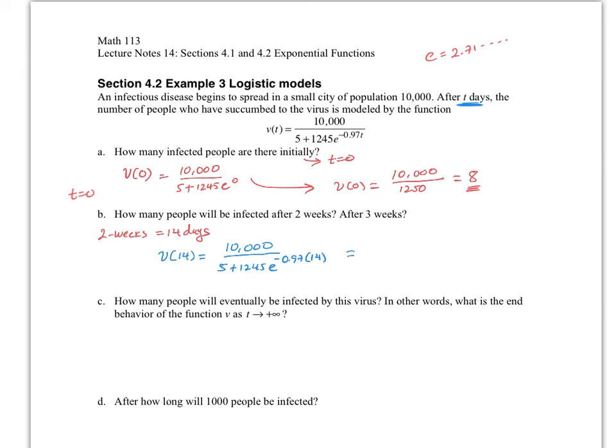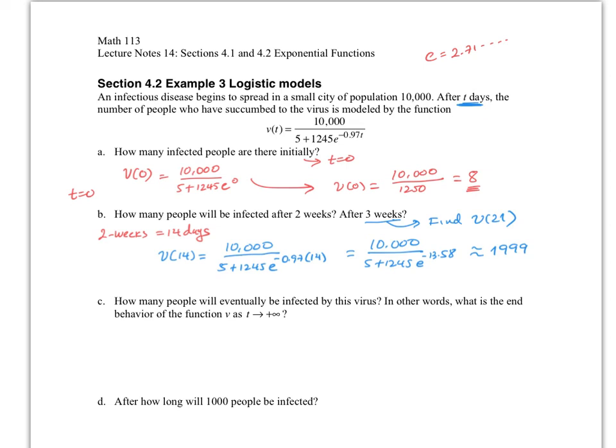Here you have to be careful with the calculator. This is 10,000 divided by 5 plus 1245 e to the minus 13.58. And this is around 1999. Same thing for 3 weeks. For 3 weeks, you have to find b of 21.